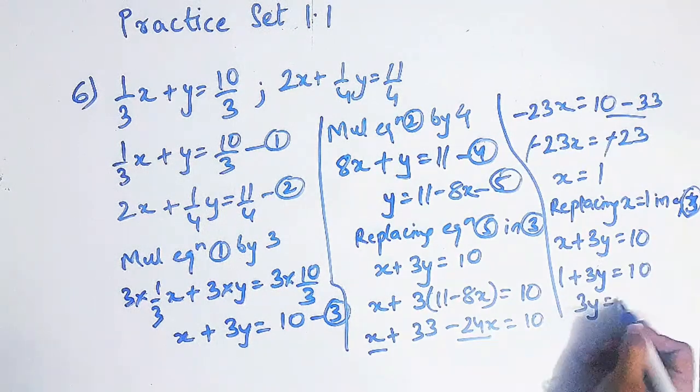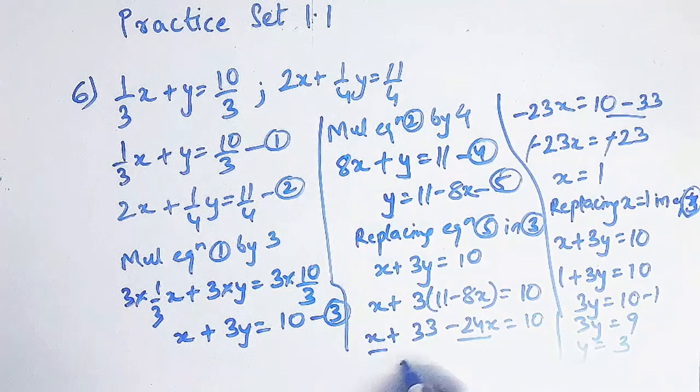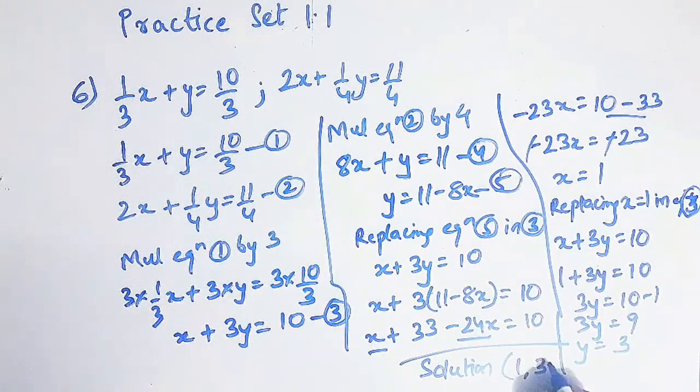So 3y equals 10 minus 1, 3y equals 9, so y will become 3. So you got the solution. What is the solution? Solution is 1 comma 3.